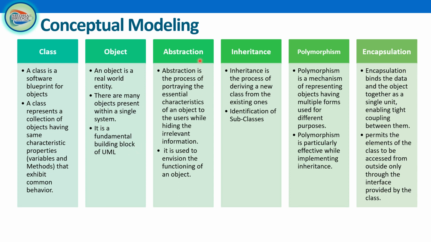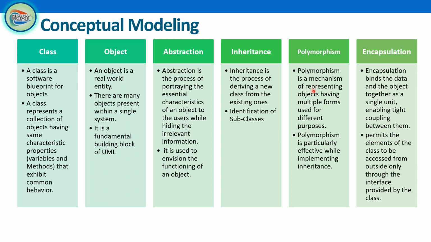What is meant by abstraction? Abstraction is a process of portraying the essential characteristics of an object to the user while hiding irrelevant information. It is used to emphasize the functioning of an object. Inheritance is the process of deriving new classes from an existing one. We can also say identification of subclasses can be done through inheritance.